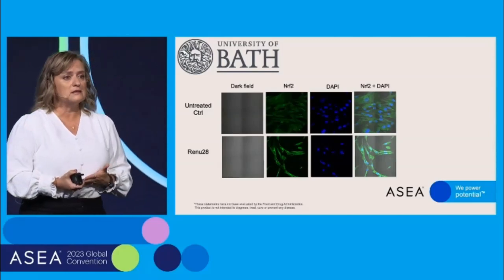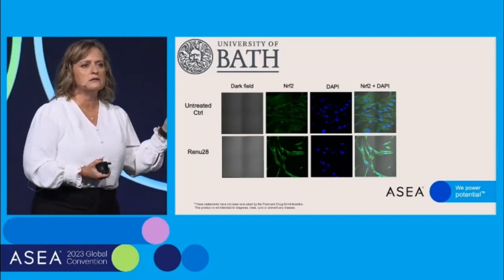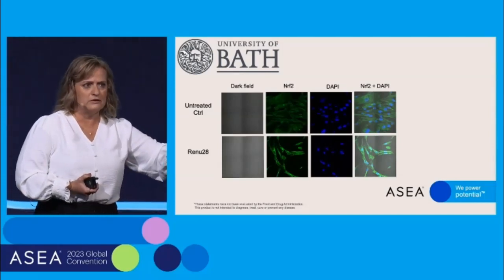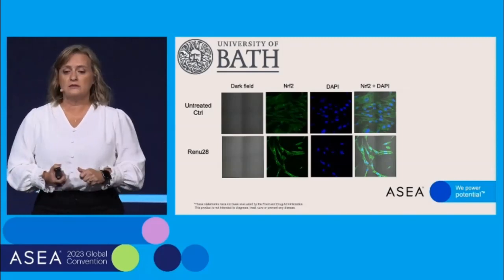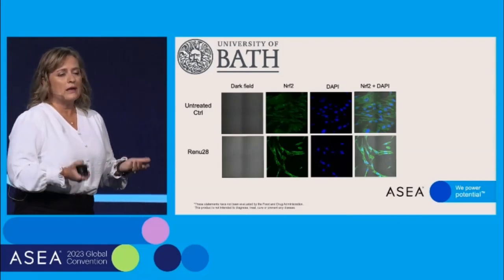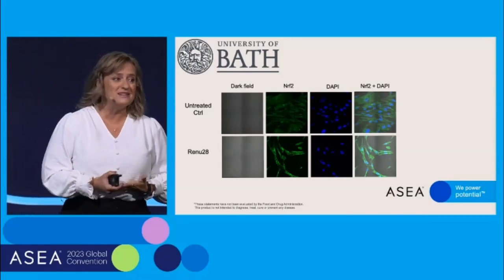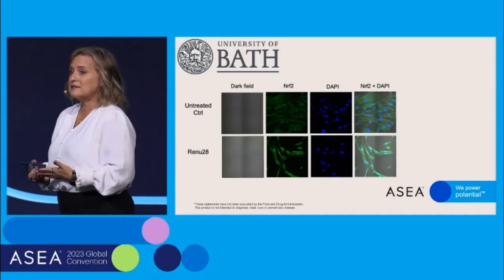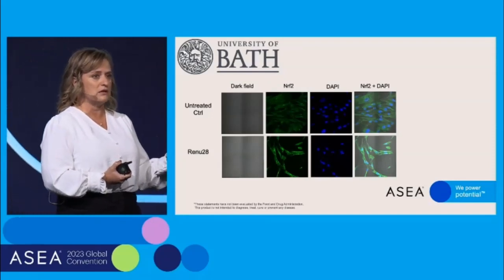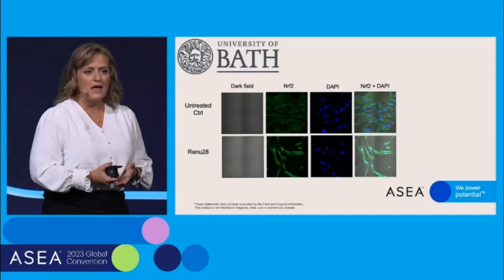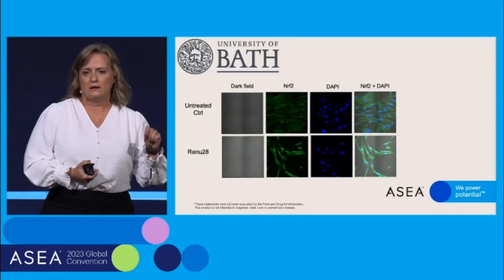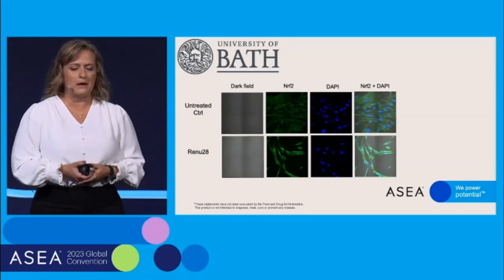This result means that NRF2 is there in the nucleus regulating gene expression, turning genes on and off. Taking together both results from Bath, the first one that we showed and this one, we can conclude that these are amazing findings suggesting that Renew28 promotes the production of protective proteins, in this case glutathione, and that this production happens through the NRF2 pathway.